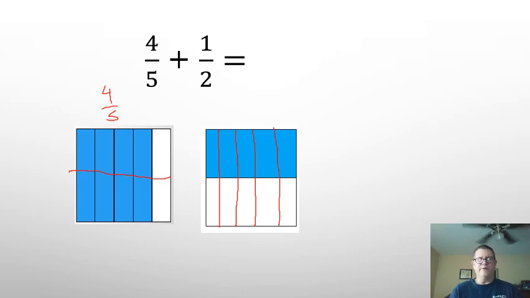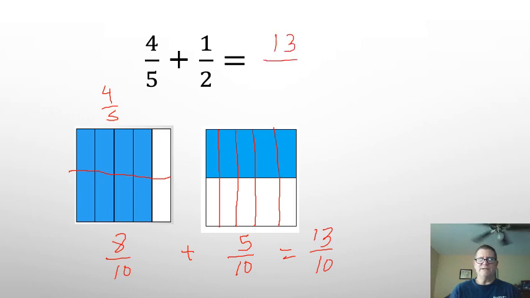Now for our 4/5, our equivalent fraction is 8/10 because we have 8 shaded out of a total of 10. And for our second model, we have 5 shaded out of a total of 10. When we add all the shaded ones together, we're going to get 13/10.